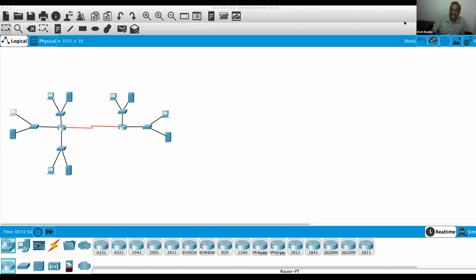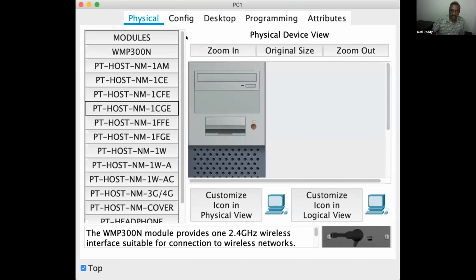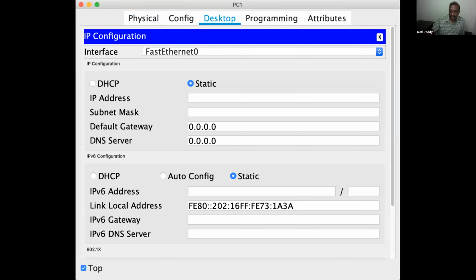Fine. Let us go to the HOB network now. In the HOB network, for the system I give the IP address 192.168.1.130.